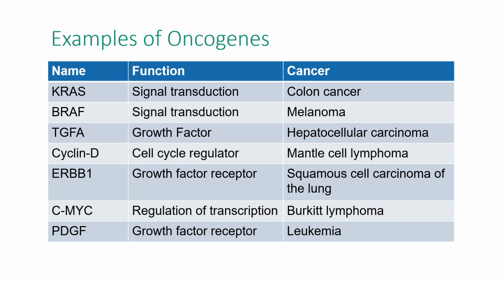Then we have BRAF, another signaling protein, strongly associated with melanoma, often produces aggressive cellular proliferation patterns. Cyclin D regulates progression through the cell cycle. So with overexpression, we have cells skipping checkpoints like they're optional.